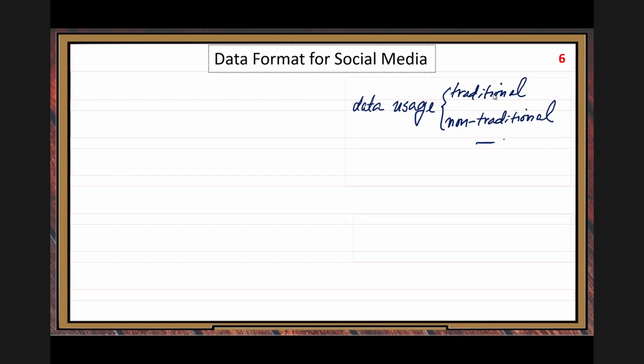So the main usage feature for social media data is that the data is available immediately. After one user posts a message, a post, it is available to the whole community immediately. That's the typical property, right?